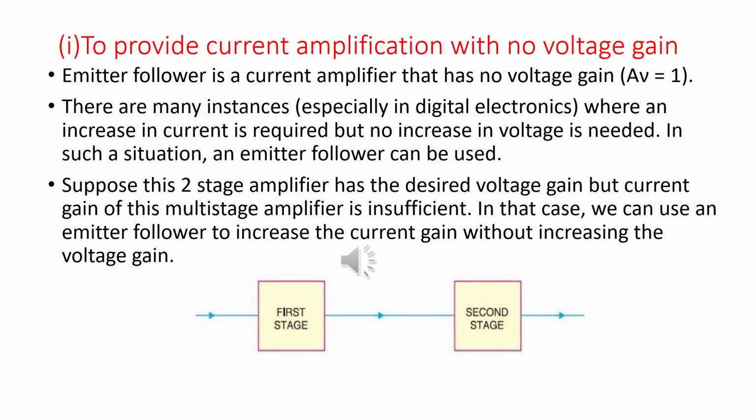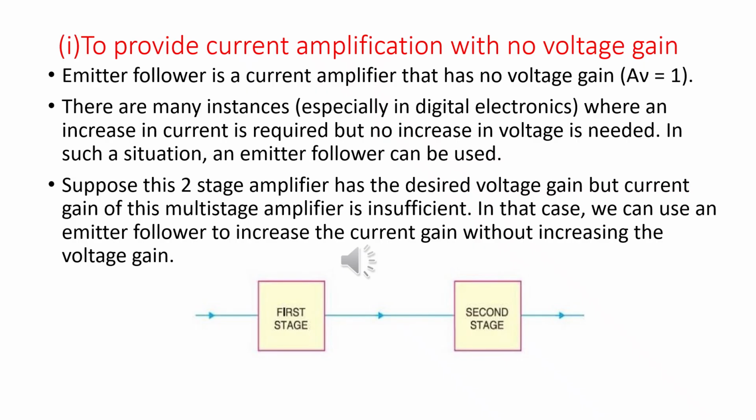Getting into detail, first we shall see the application to provide current amplification with no voltage gain. As we have already told, the emitter follower amplifier is a current amplifier which has no voltage gain.